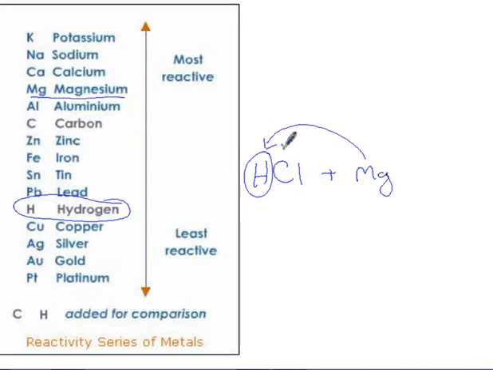Magnesium is going to come kick out the hydrogen in a single displacement, and you're going to get MgCl2 plus hydrogen gas. And that's why, if you mix magnesium and hydrochloric acid, magnesium will bubble and look like it's breaking down, because magnesium is being broken down and the hydrogen gas is being released.